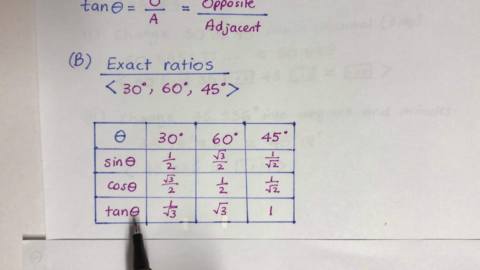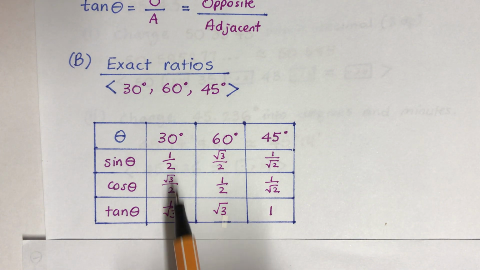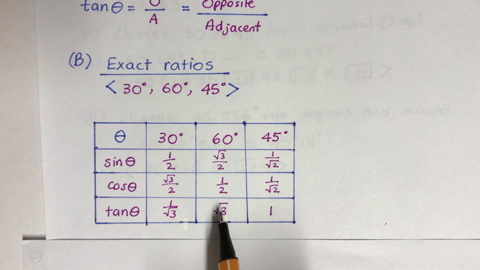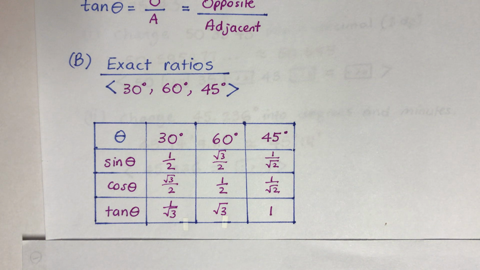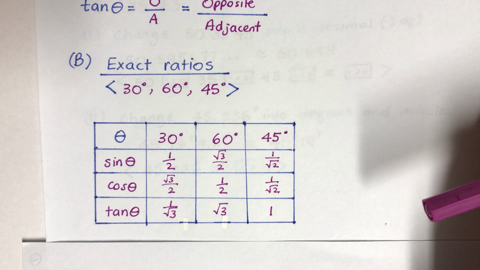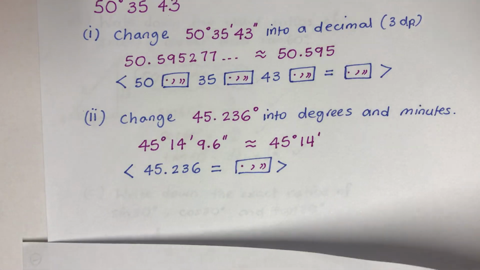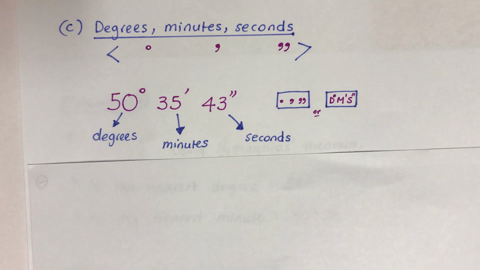Just remember that 30 is smaller and 60 is bigger, so root 3 is bigger than 1 over root 3. So I found it's a little bit easier using a pattern, but it doesn't really matter which way you do it, as long as it's easier for you to remember the exact values.